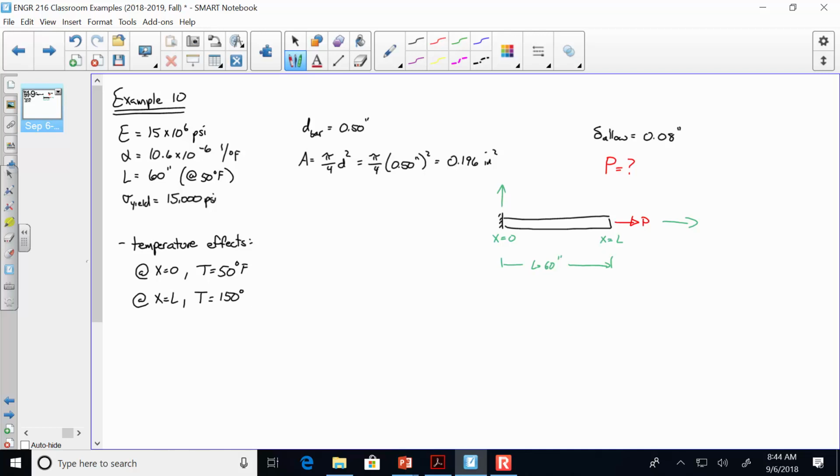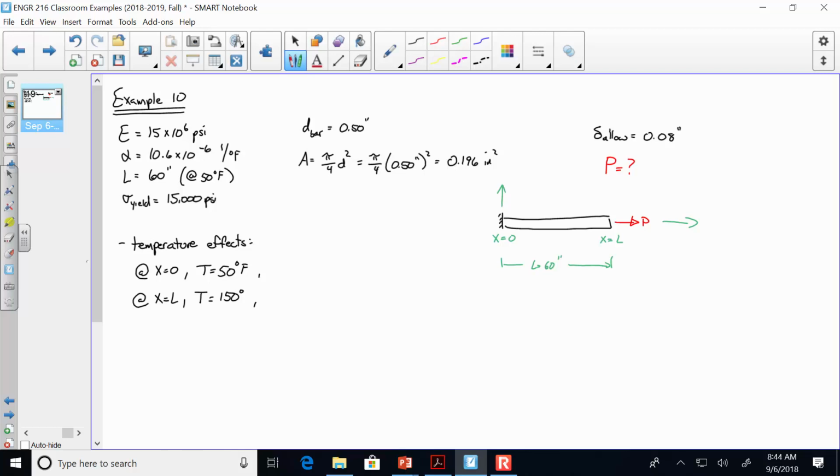Okay. Now, when we look at thermal loading and thermal effects, do we really care about what the temperature is, or do we care about what the change in temperature is? The change in temperature. So let's look at the free end, because I think it's a little easier. At the undeformed length at the very beginning, what's the temperature of this bar? 50 degrees, right?